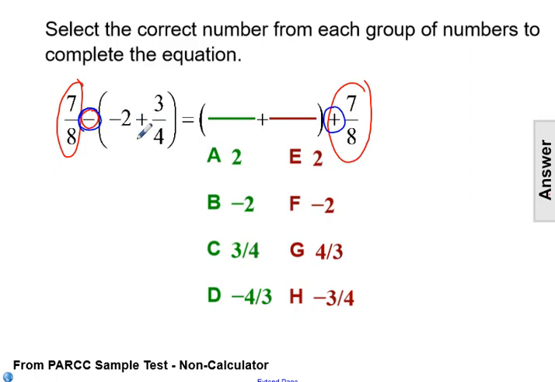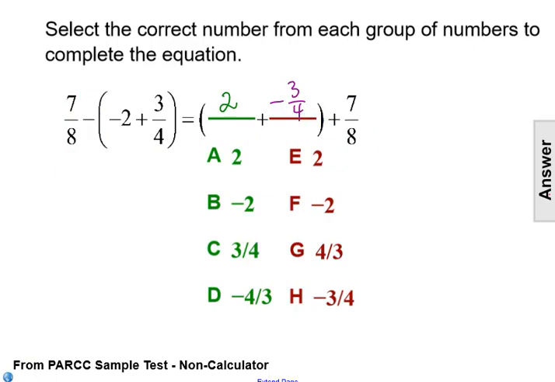So, for example, if this is a -2, then first it would have to be a +2. If this is a positive 3/4, then this would have to be a negative 3/4, and then our expressions would be equal. Let's actually now simplify both sides and see if they're true before choosing that as our final answer.